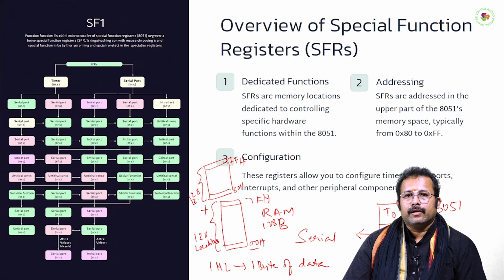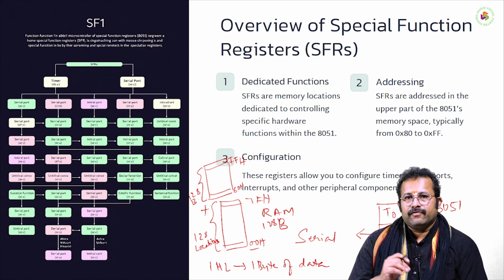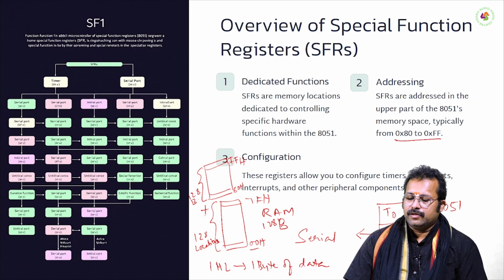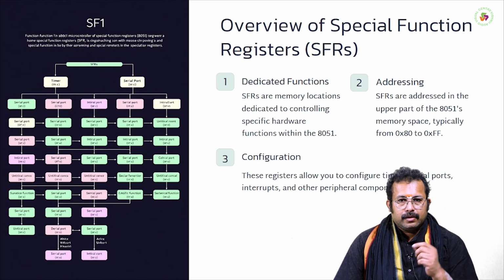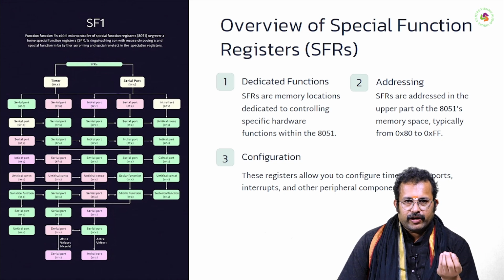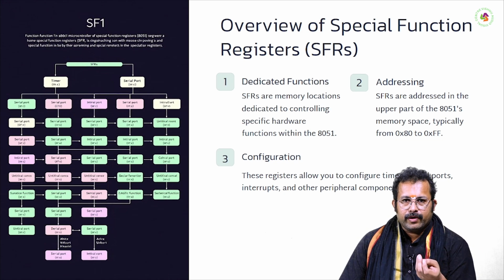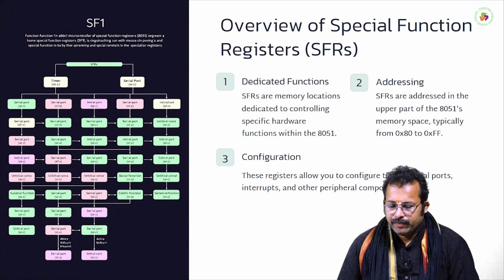For special function registers, there is a separately allocated memory with the starting address 80H up to FFH. These registers allow you to configure the operation of timers, serial ports, interrupts, and other peripheral components present on the 8051.